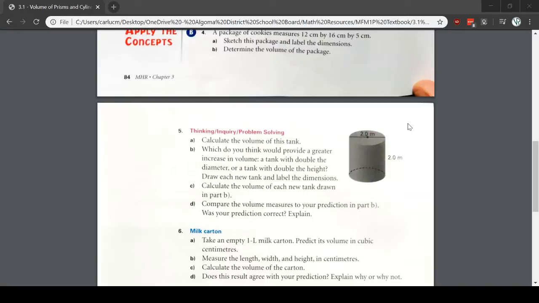So double the diameter first. So if I double the diameter, that means the diameter becomes 4 and the radius is now 2. So volume equals 3.14 times 2 squared times 2. 2 squared is 4.